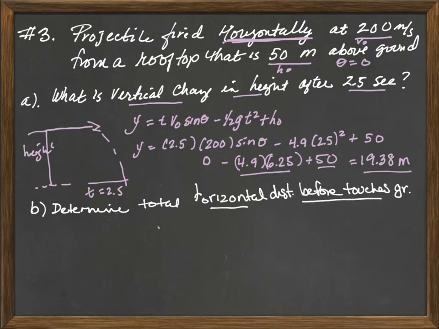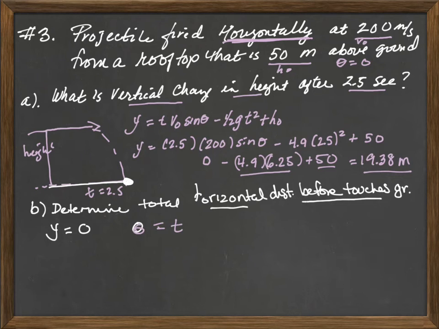Now, hitting the ground, we know, is when the y equation, or height, is equal to 0. If you set that equal to 0, it gives you the time. How much time did it take to get here? So we set y equal to 0, so 0 equals t.